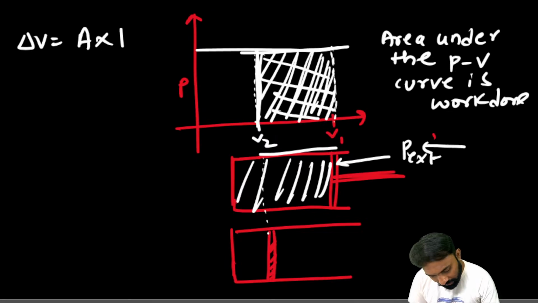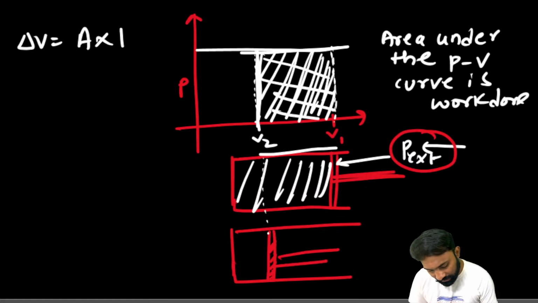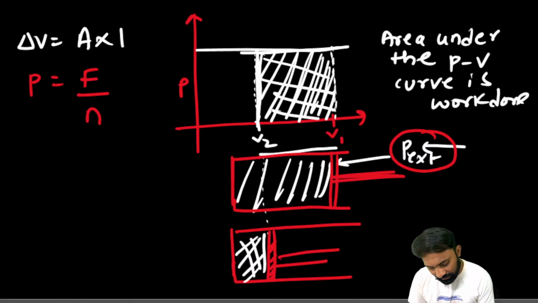Now by applying some external force only, this piston has moved up to here. External force applies pressure, and pressure is force by area. Pressure is equal to force by area, right? If you send the area to the left-hand side, the force on the piston will be equal to pressure into area.